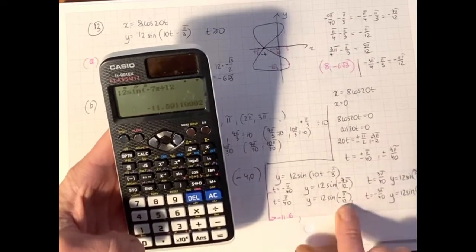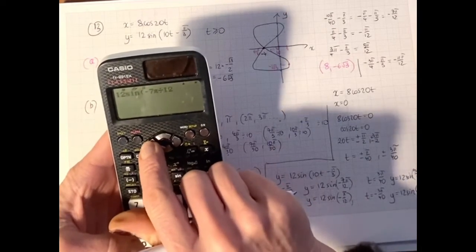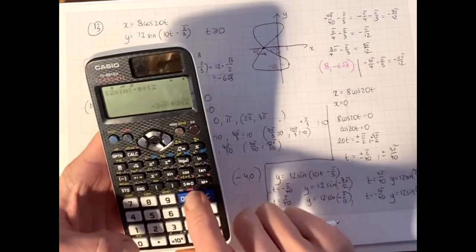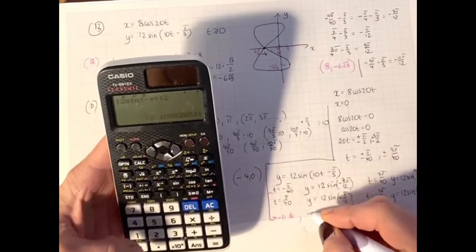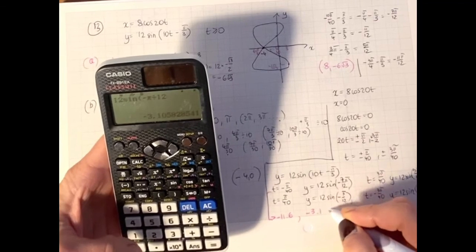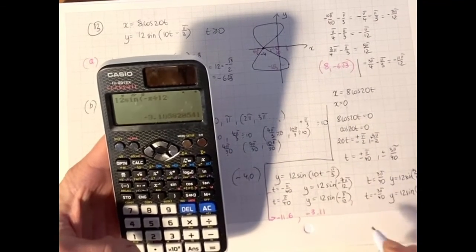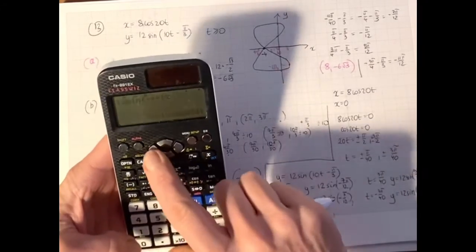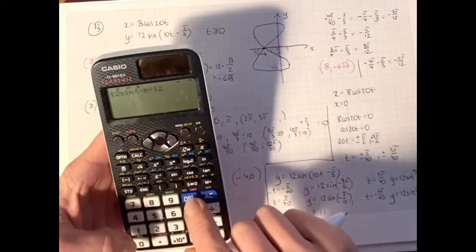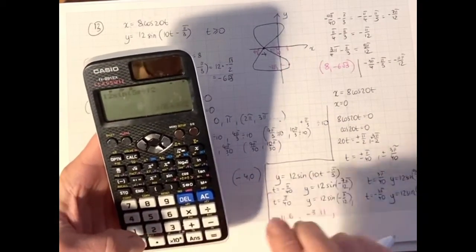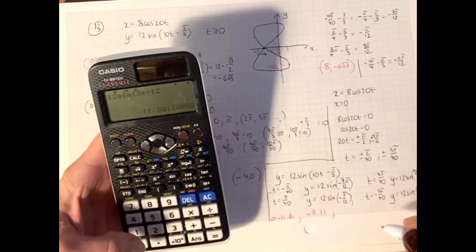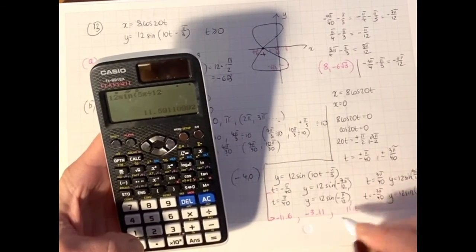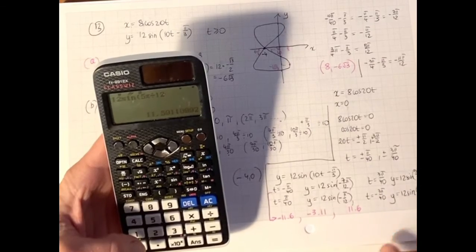That's one of them. If I put minus pi over 12, that gives me minus 3.11 to 3 significant figures. These are the two negatives, so let's hope these will be positive. So we are going to delete it, put 5. That gives me positive 11.6, and this one should be 3.11.